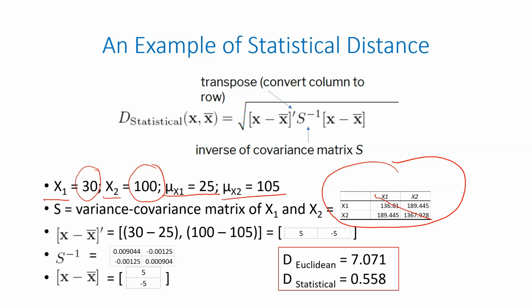You can easily obtain this by using the data analysis covariance matrix tool in Excel. With this information, we are ready to compute the statistical distance. We'll first transpose the matrix of the differences between the individual values and the means. The result is a matrix in the row form with values 5 and -5.